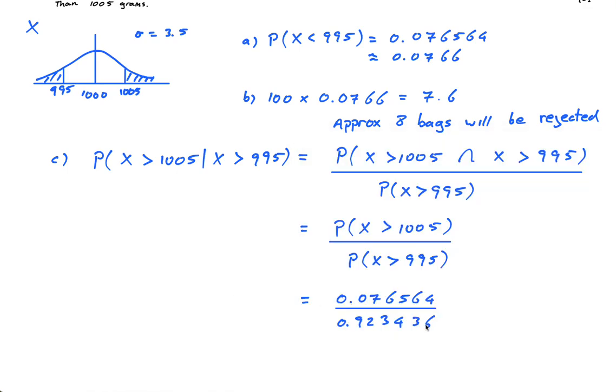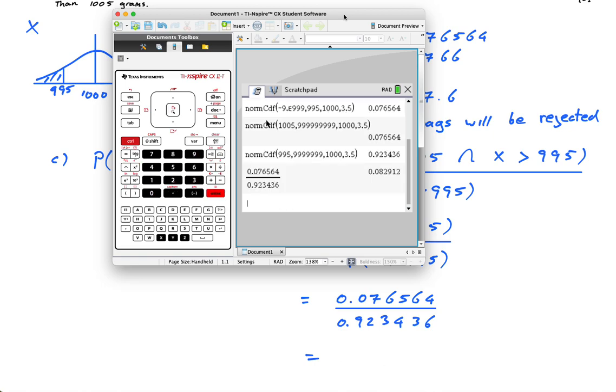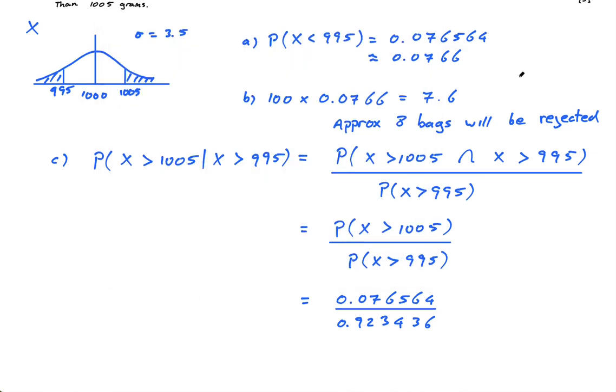And this equals, just do this straightforwardly, 0.076564 divided by 0.923436, which is 0.08291, which is approximately equal to 0.0829 to 3 significant figures.